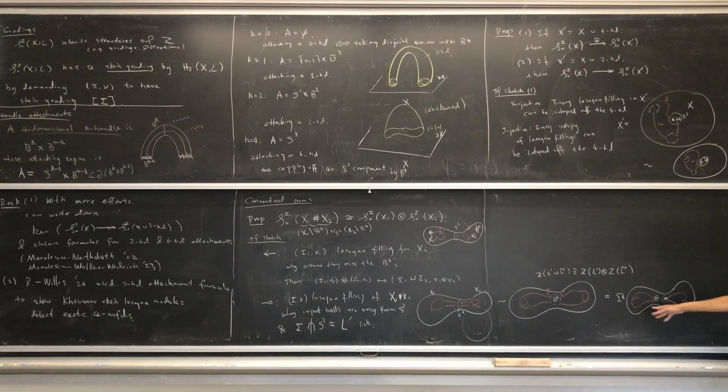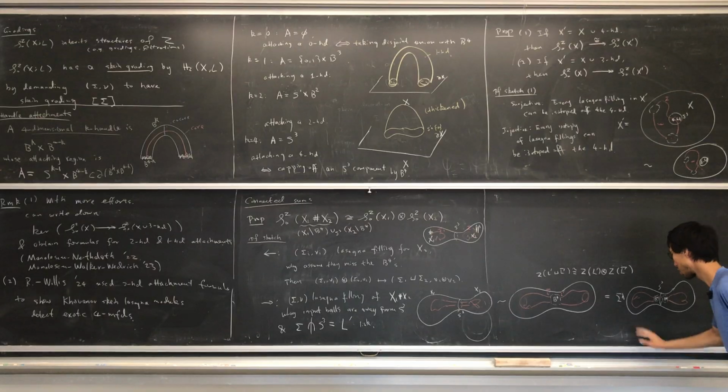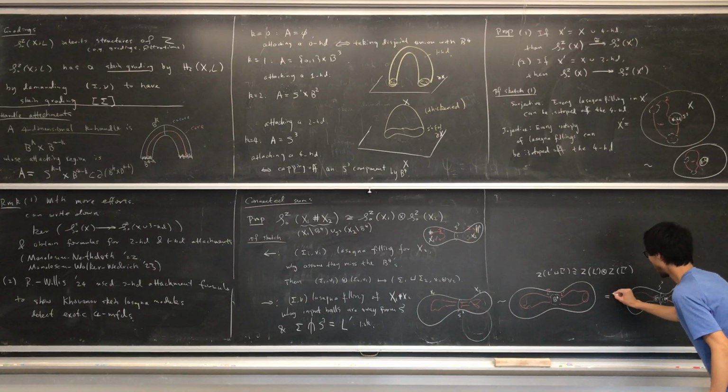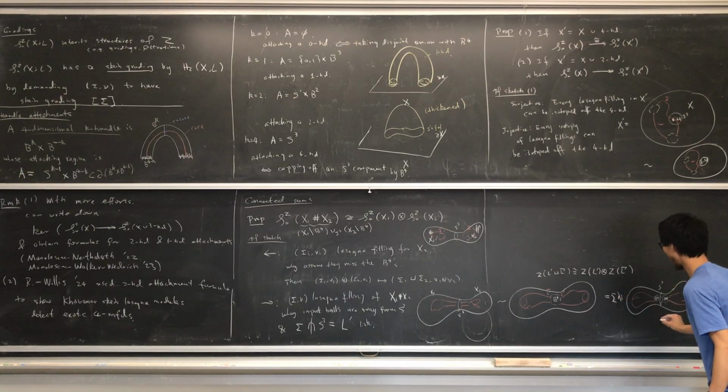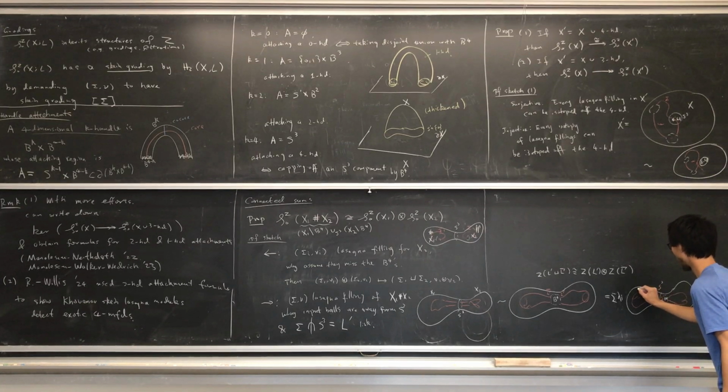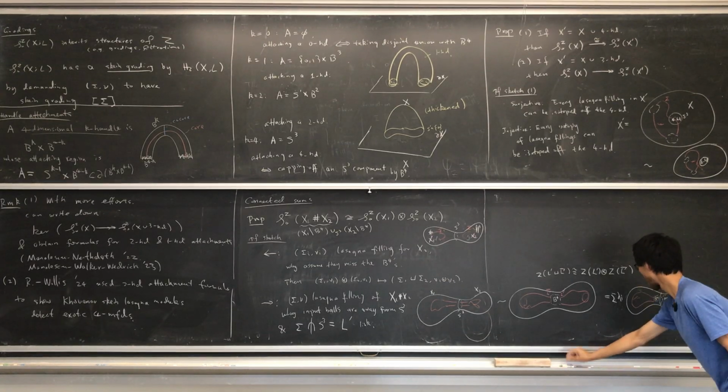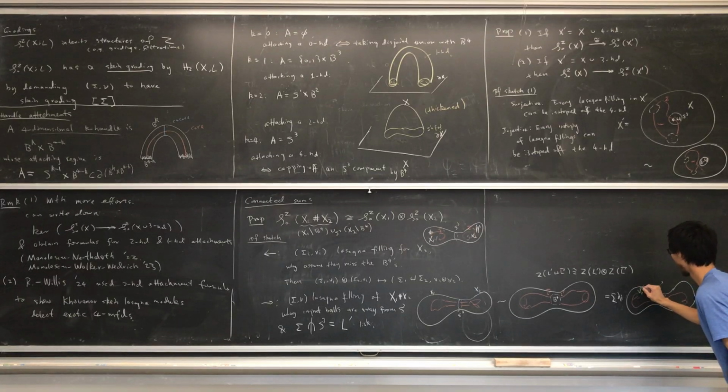You get a sum of terms like this, where in this last term, finally, you clear up everything away from the middle three-sphere. Maybe write this more carefully: maybe lambda_i, we label here V1,i and V2,i.